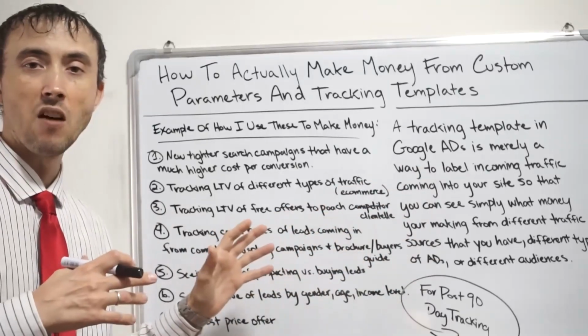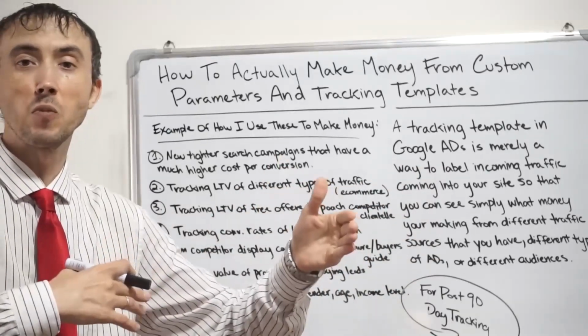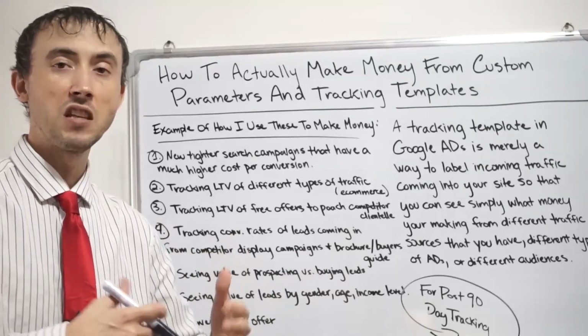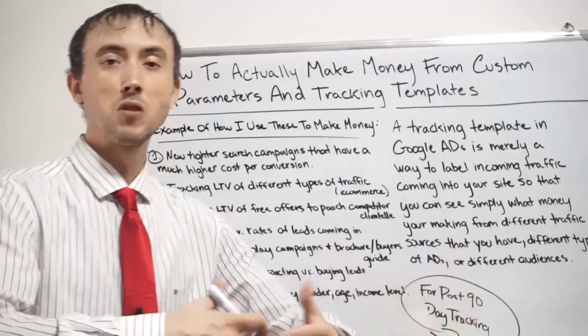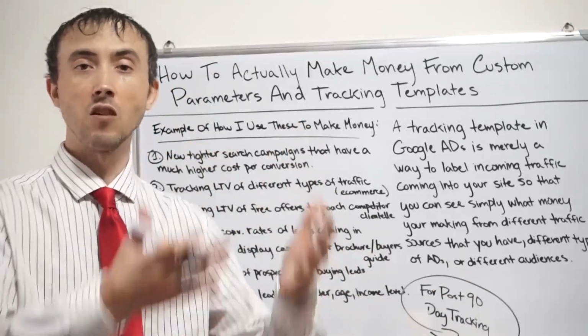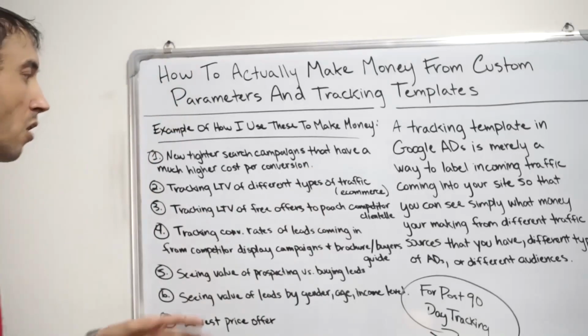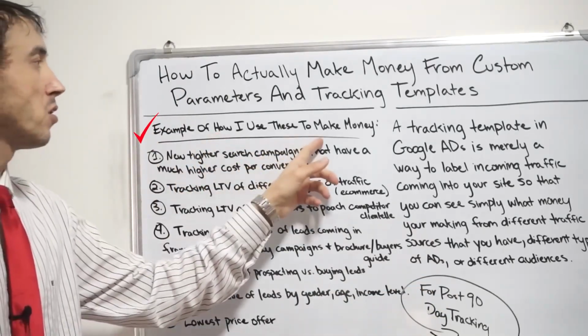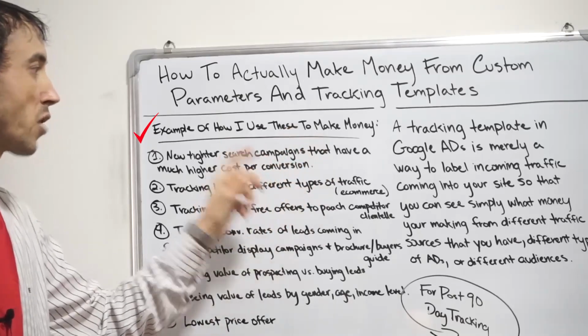So you could narrow down, take budget from the part of the account that's producing the crappiest value customers or crappiest quality leads, and reallocate it to the part that's producing above average results to ramp up the amount of profit you can get from Google Ads long term. So anyway, with all that said, here's an example of how I use these tracking templates to be able to make money.